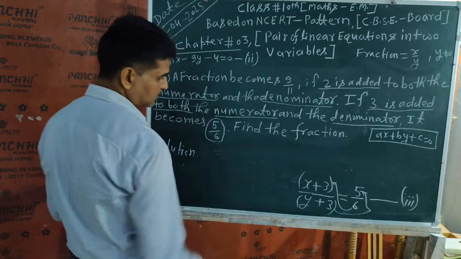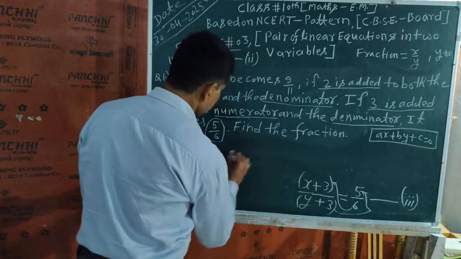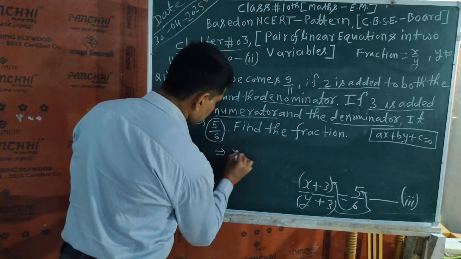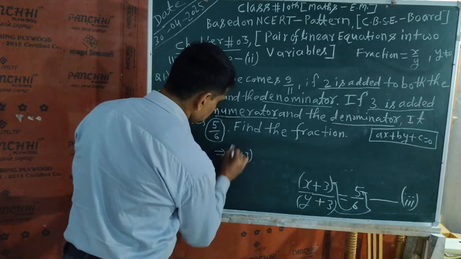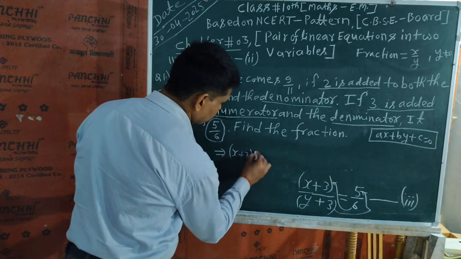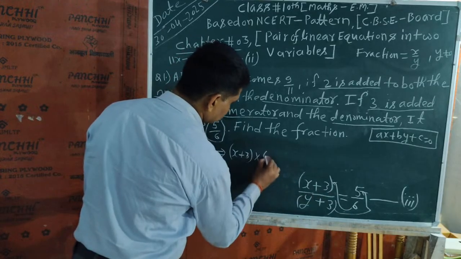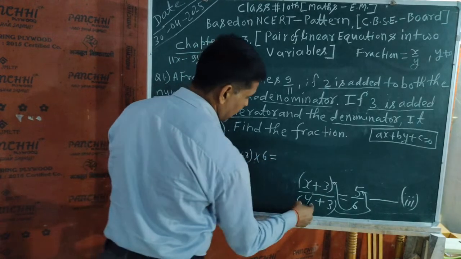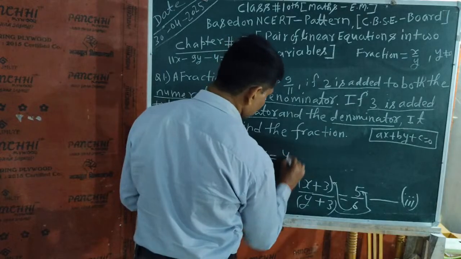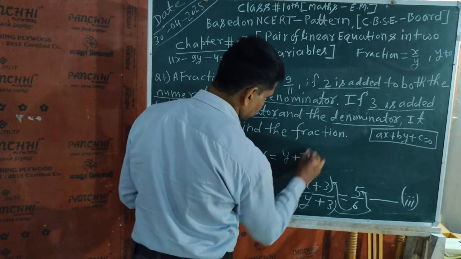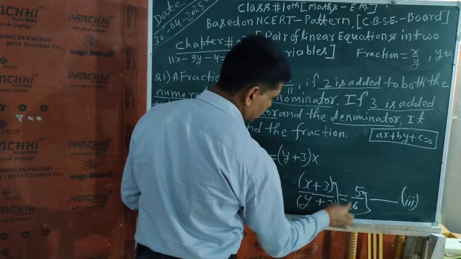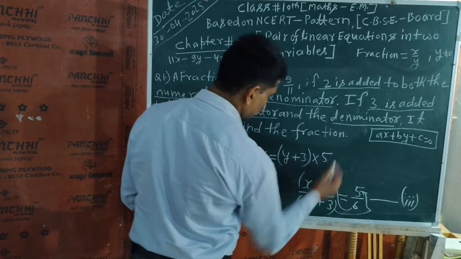Again I am going to erase this. So I write, it implies x plus 3 into 6, and y plus 3 into 5.